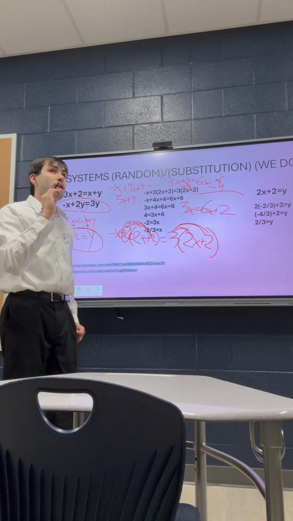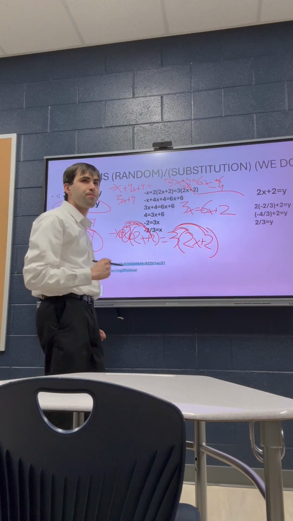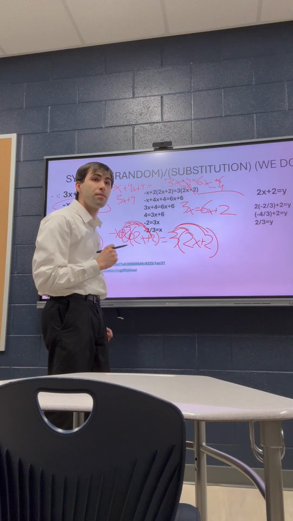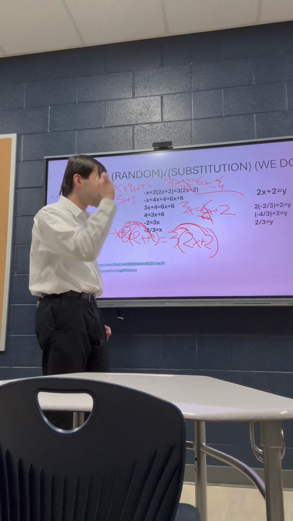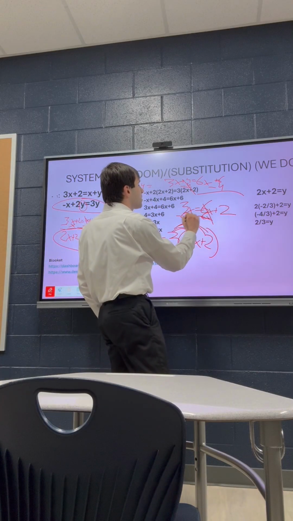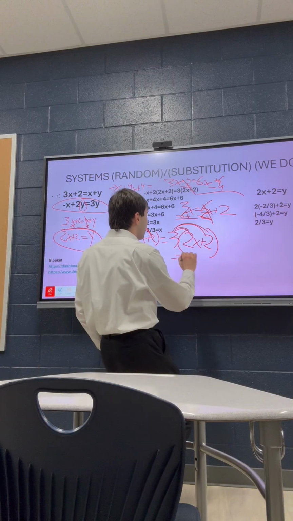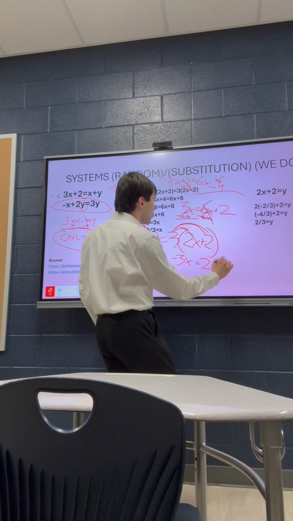How do we get x alone? You subtract 6x. 6x minus 6x is 0, it's gone. 3x minus 6x is negative 3x equals 2.